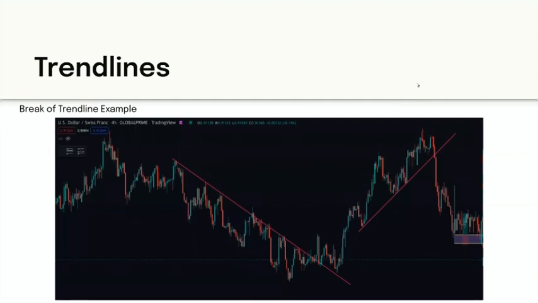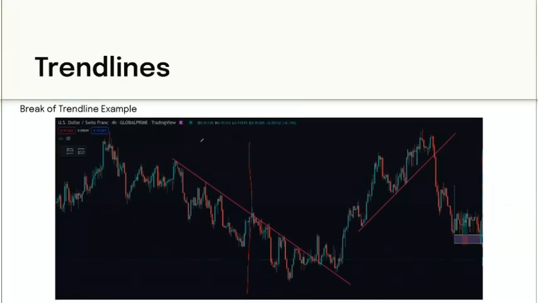Next will be the break, retest, continuation of trading a trend line. What you see before you is a chart on TradingView, your USD CHF on the 4-hour time frame. The thing about this example is that when this downtrend trend line was plotted, you could only see this left part over here.